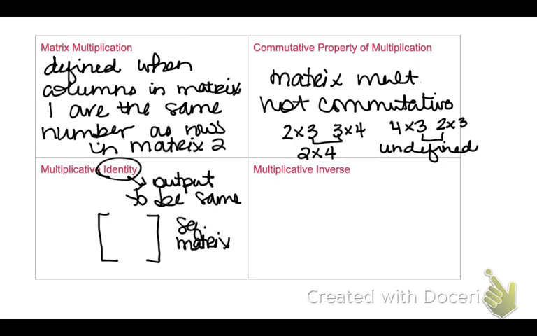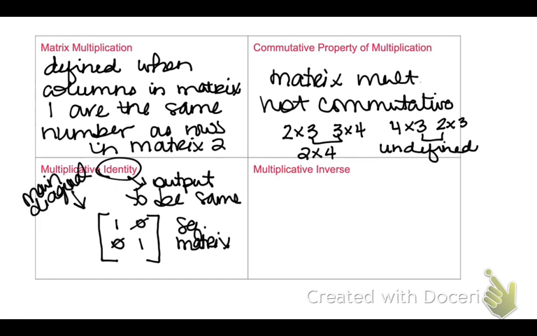If this was a 2 by 2, we put ones in what's referred to as the main diagonal. So it could be a 3 by 3 with 3 ones. It could be a 4 by 4 with 4 ones. It doesn't matter. And then we fill in zeros with everything else. So if I were to multiply by the identity matrix, again, the result would be the same as what I started with.